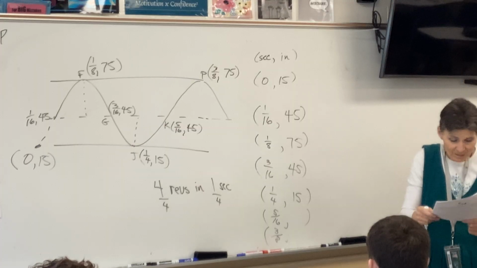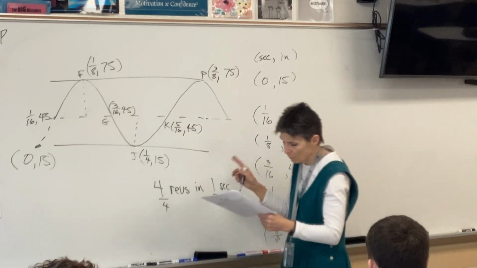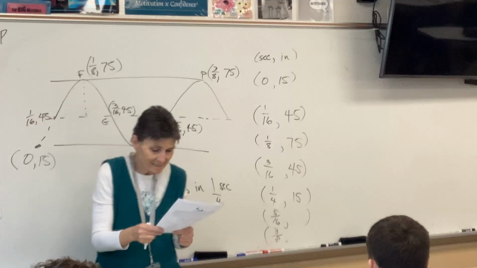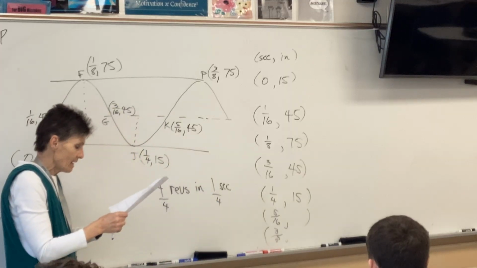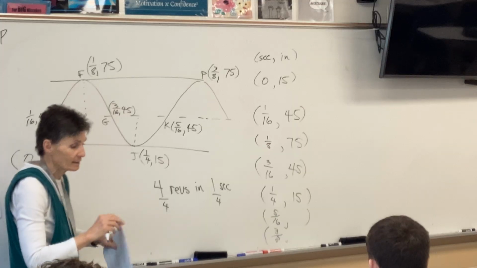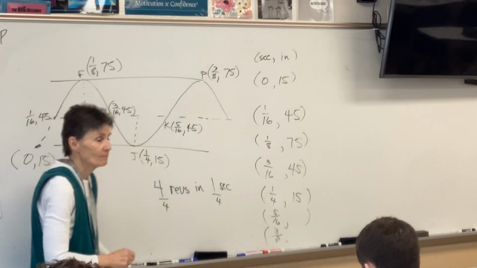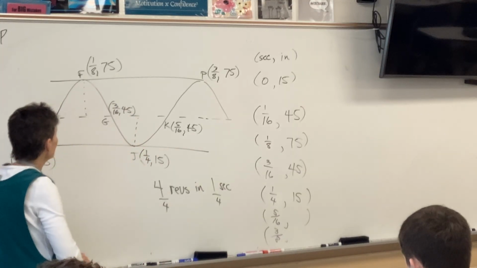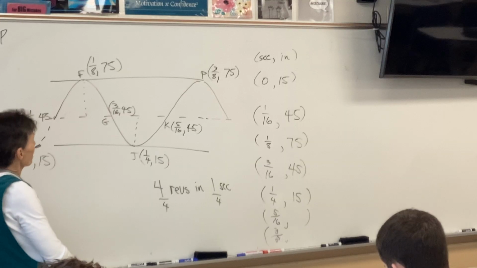All right. Find 2 intervals for which this graph is both decreasing and concave up. Decreasing and concave up. Find 2 intervals.